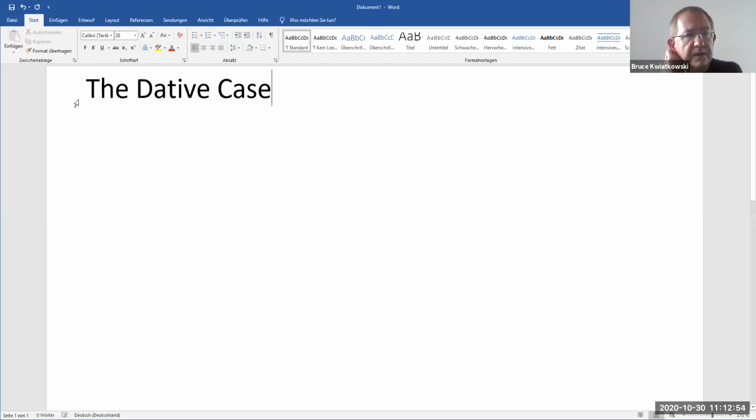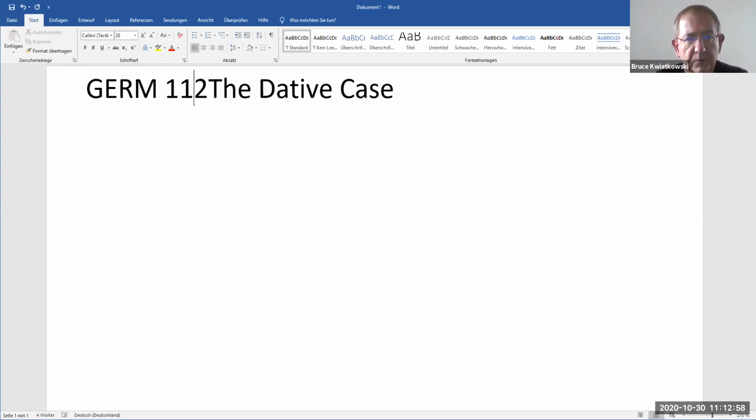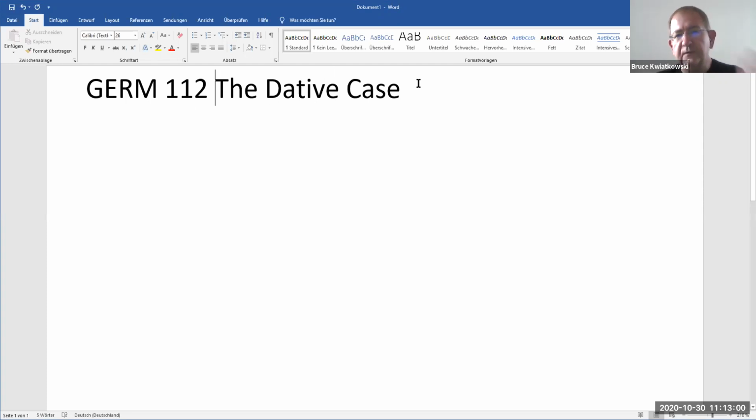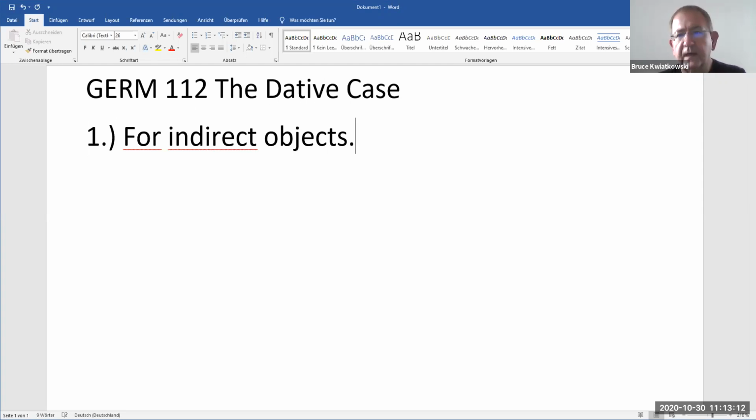This is GERM 112. So as we said before, the dative case is used in three instances. One, for indirect objects. That is, items that are receiving the benefit between the action that's going on between the subject and the direct object.